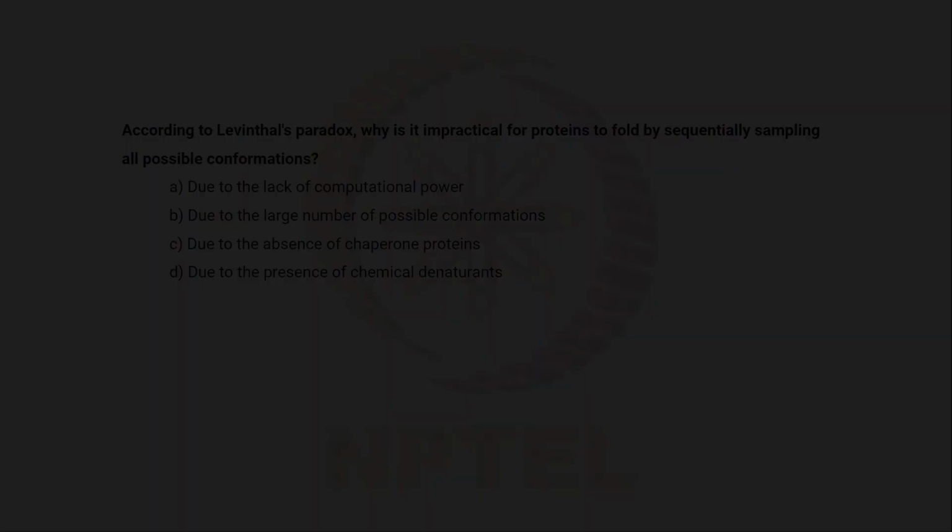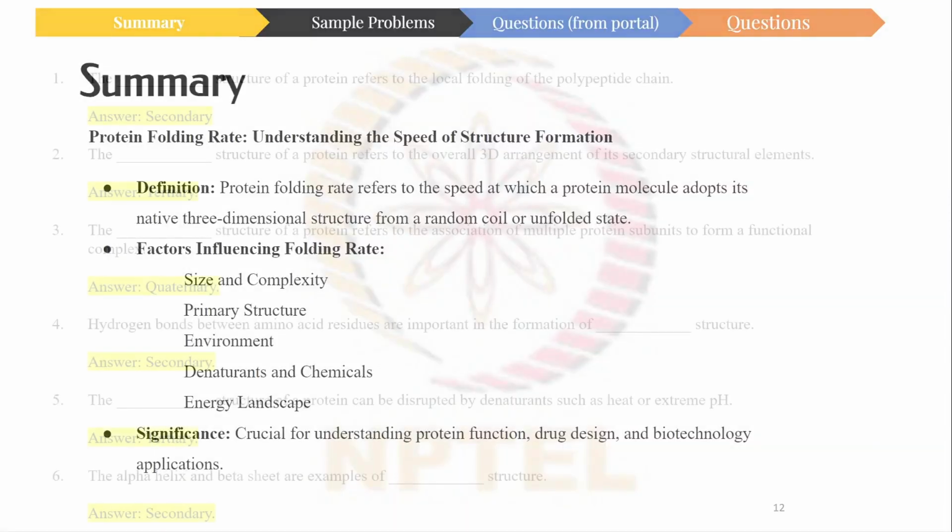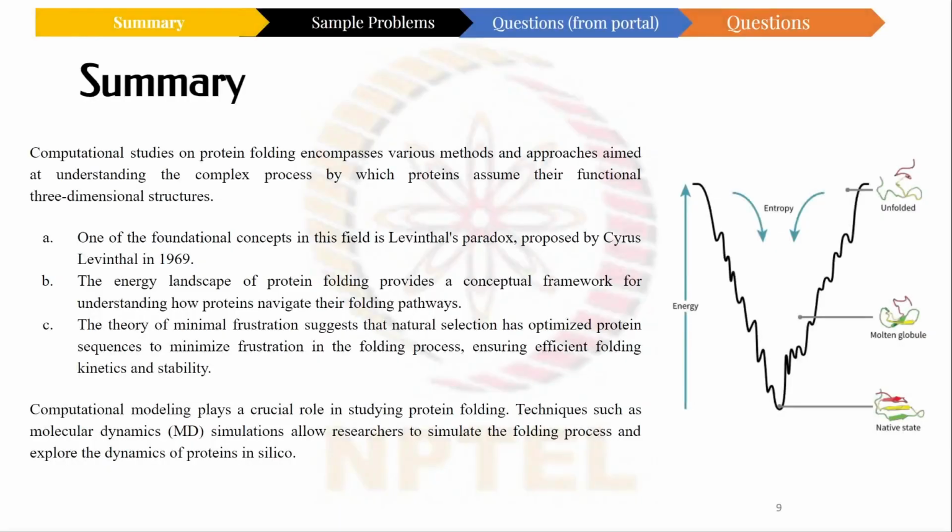According to Levinthal's paradox, which we have discussed, the number of possible conformations per unfolded polypeptide chain is large due to the high number of degrees of freedom involved.